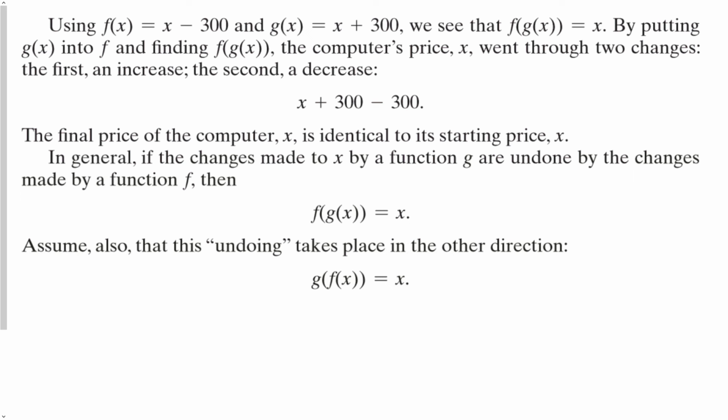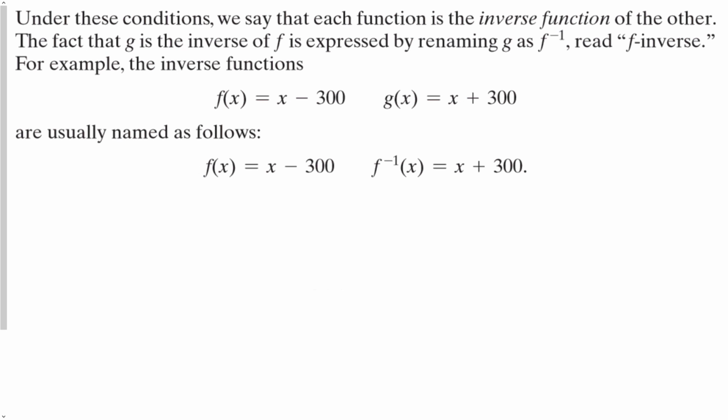In general, if the changes made to x by a function g are undone by the changes made by a function f, then f of g of x is equal to x, and also g of f of x is equal to x. This undoing, taking everything your first function did and going back the other way, is the property of something called an inverse function. Under these conditions, we can say that each function is the inverse function of the other.